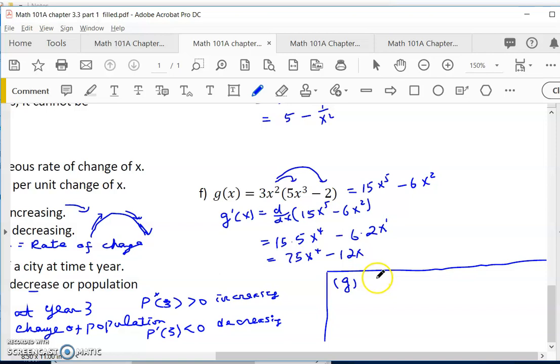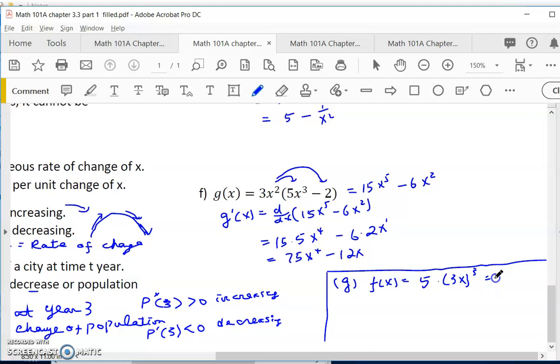In the homework, there's a question like this: f of x equals 5 times (3x) to the third. This is a power, but this power does not go to x directly. It is a power of an expression of x, so you should simplify it first.